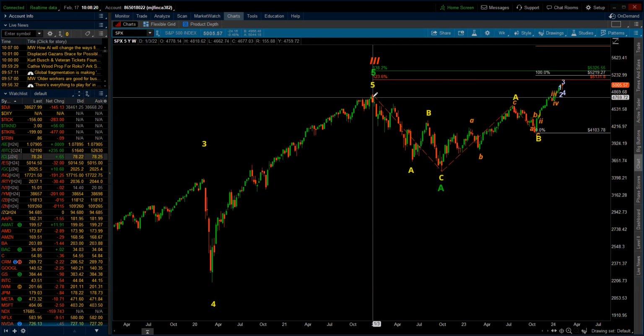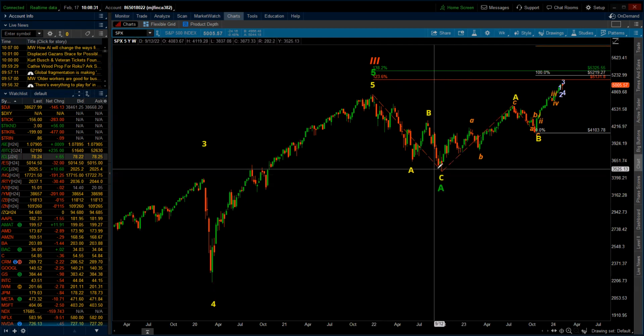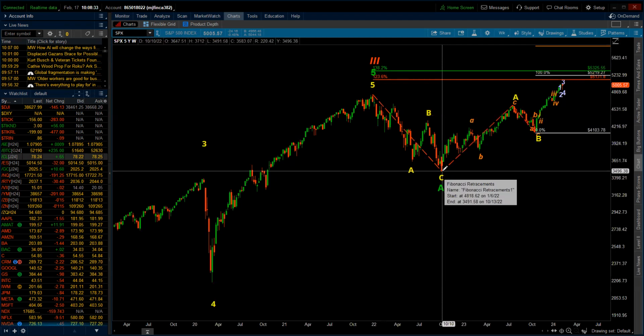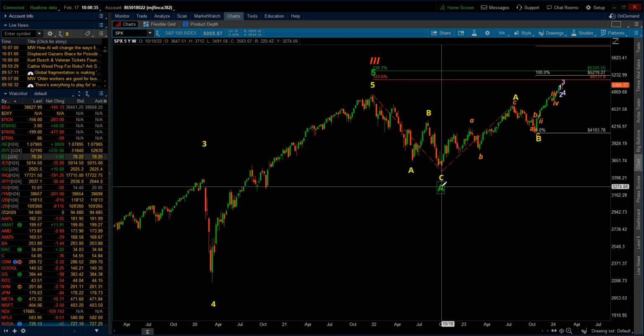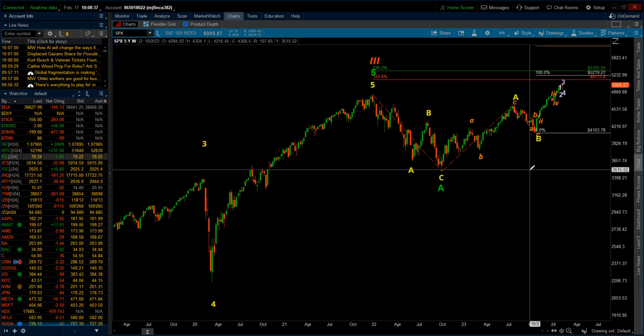So within cycle wave 4, it will consist of three waves labeled primary degree, labeled A, B, C. We have completed primary wave A in October of 2022. We remain within primary wave B, which will consist of three waves of intermediate degree, also labeled ABC.